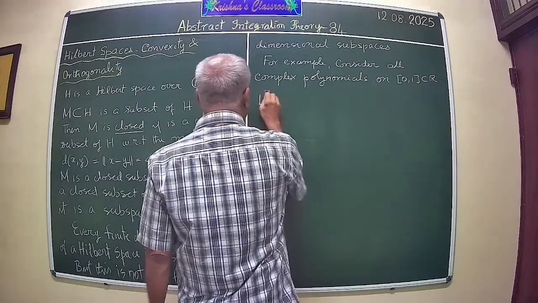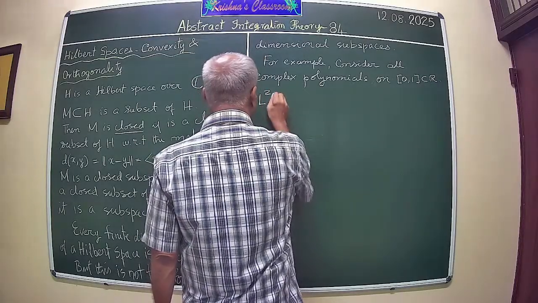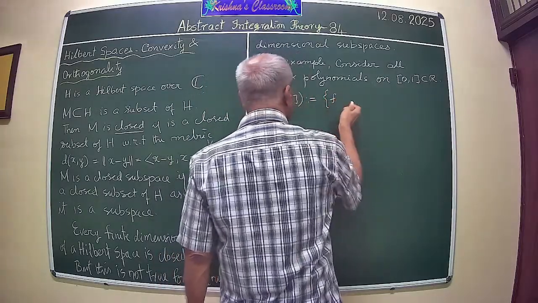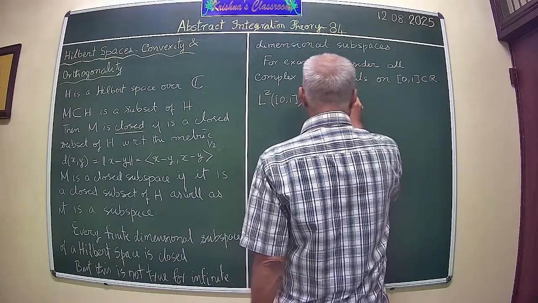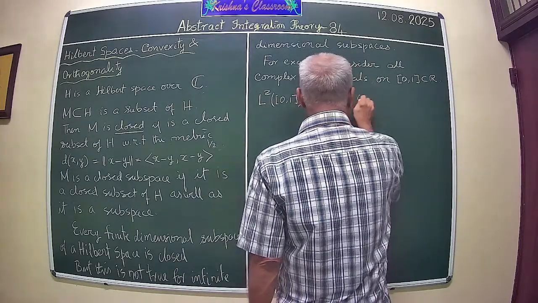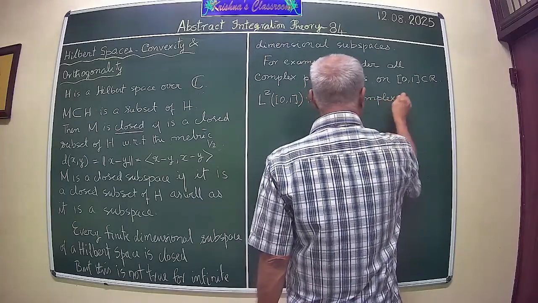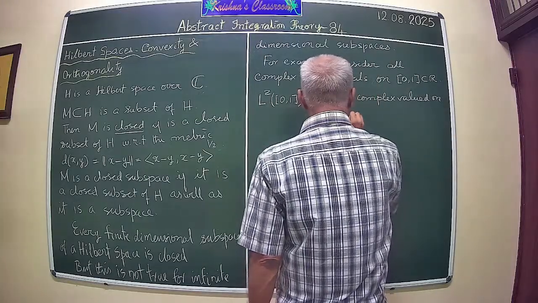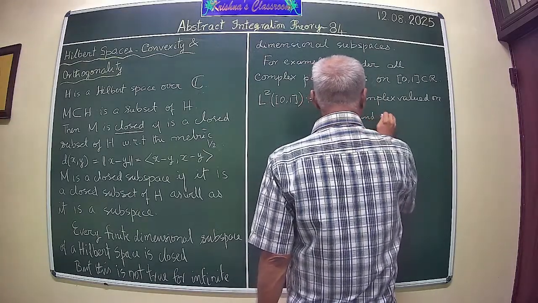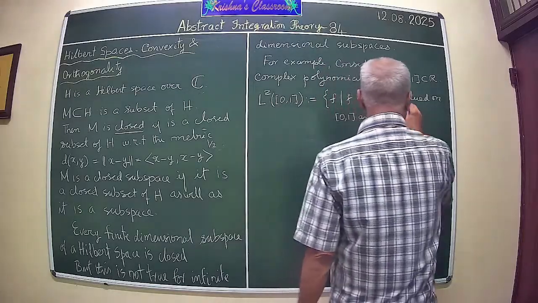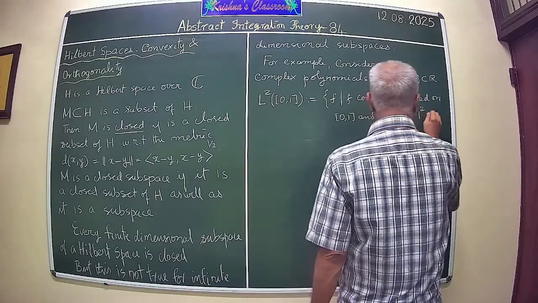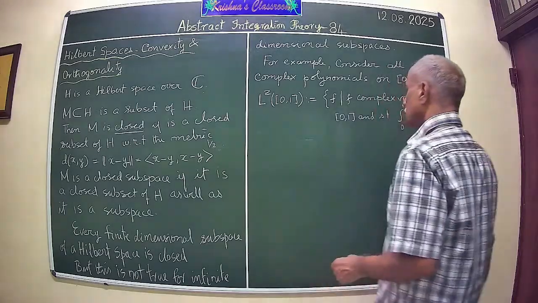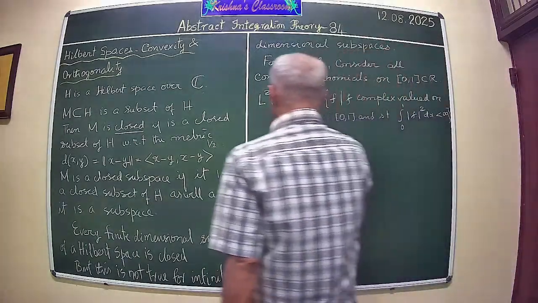Now L2 is the set of f, complex valued on 0, 1, such that the integral from 0 to 1 is finite. Now this is a Hilbert space.